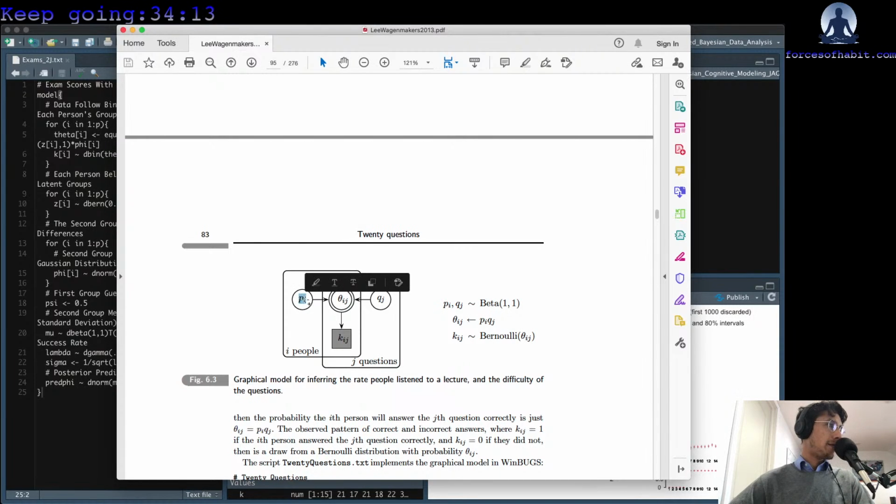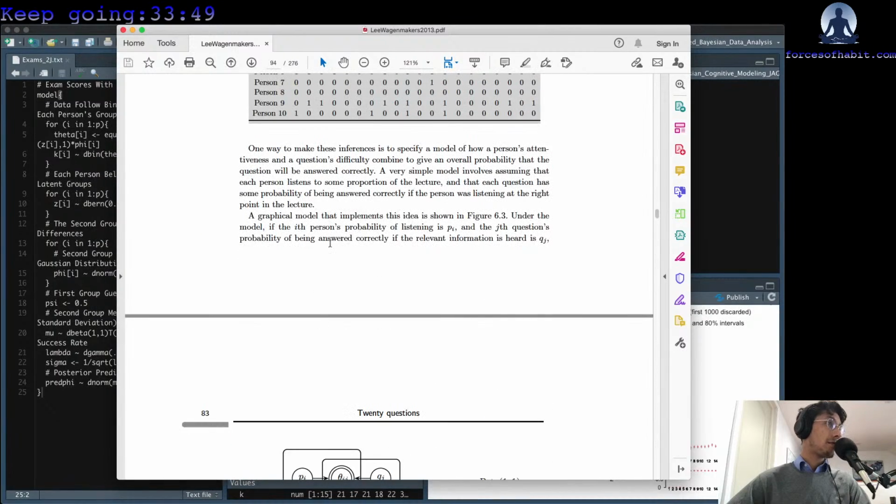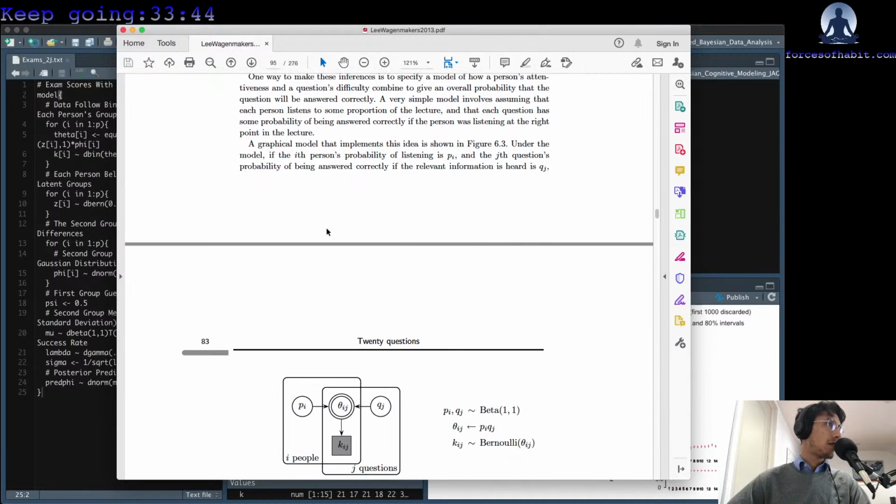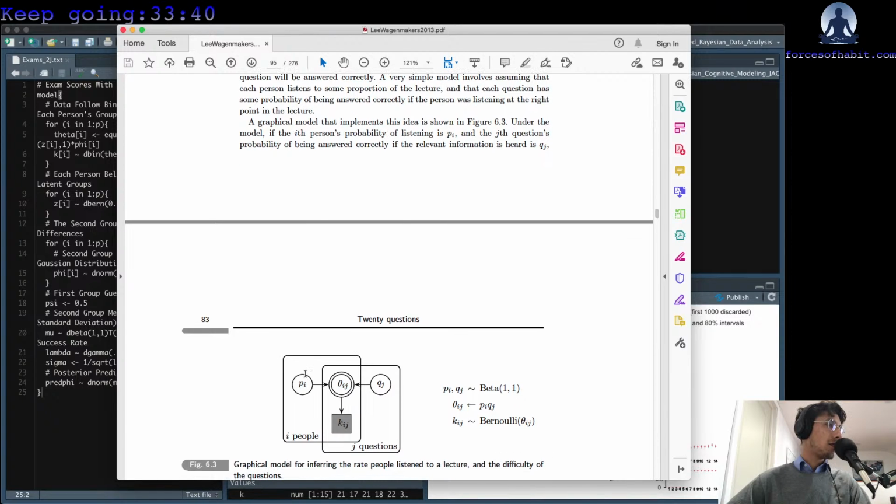So we want to infer p sub i for the people and q sub j for the questions, and then those combined are going to give us some assessment of the overall probability of success rate for a given person at a given question. Right? Ith probability. So this is listening.